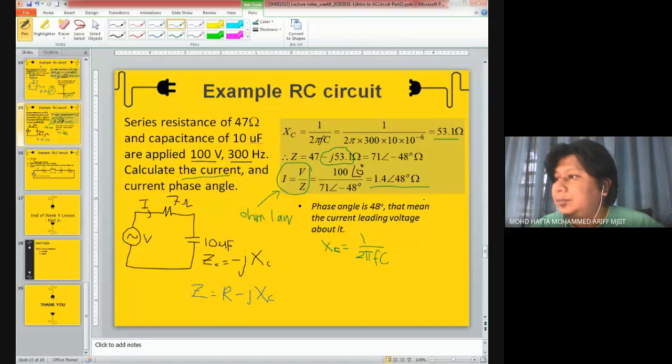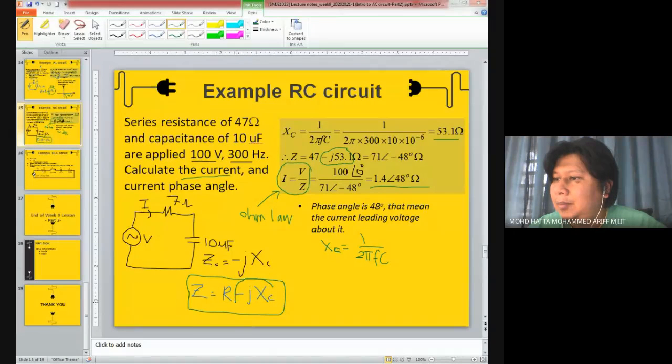And before we get into the current, if you look at your impedance, we have a combination of resistor and capacitor, and you know that for the RC circuit, we have R minus JXC.